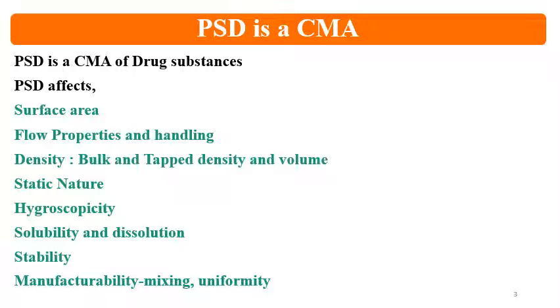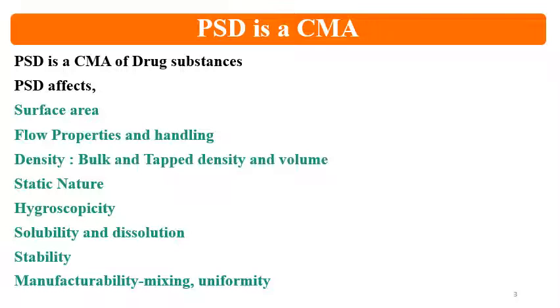The PSD, as I have mentioned, is a critical material attribute of the API. Mainly this video is for API PSD. We are not going to consider the excipient PSD impact; that we will discuss in a separate video. The PSD of the API affects its surface area, its flow properties and handling.